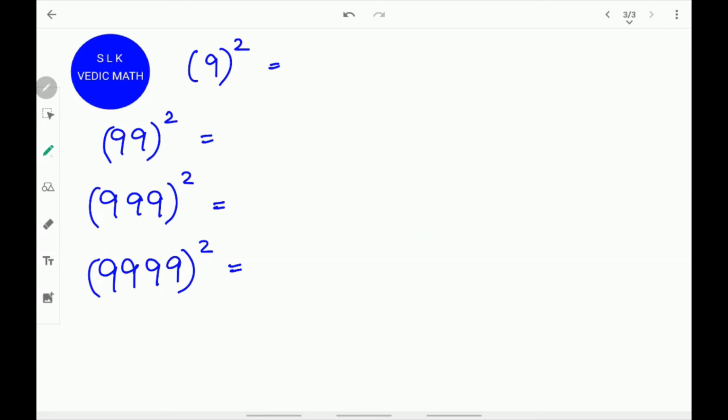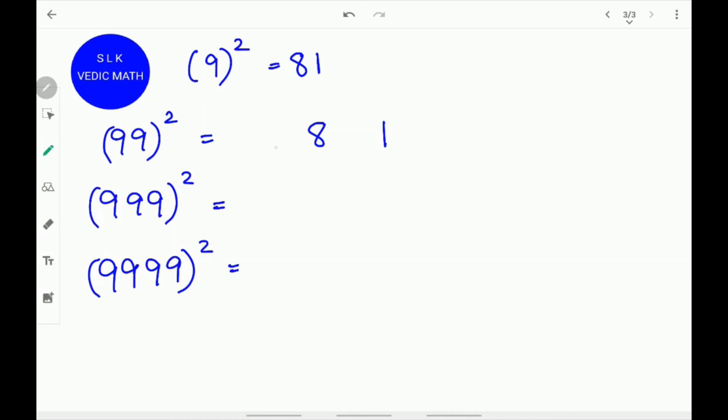Let's try 9 square. As you all know, 9 square is 81. Okay, let's try 99 square. First, write 81 with a little space between.